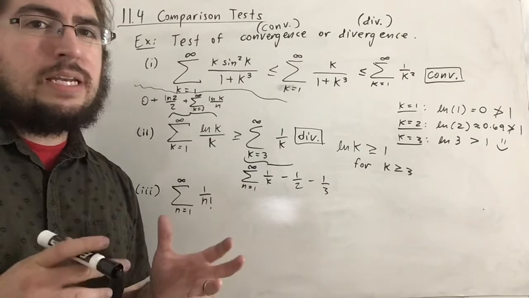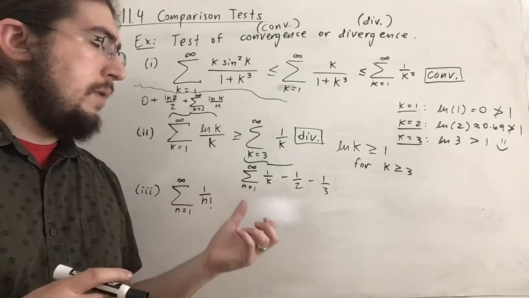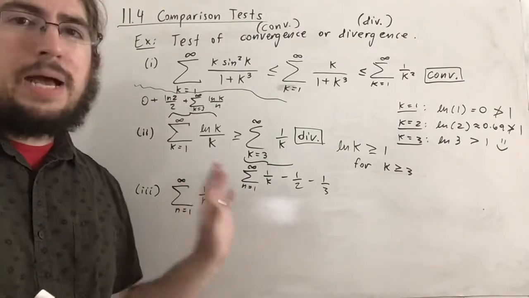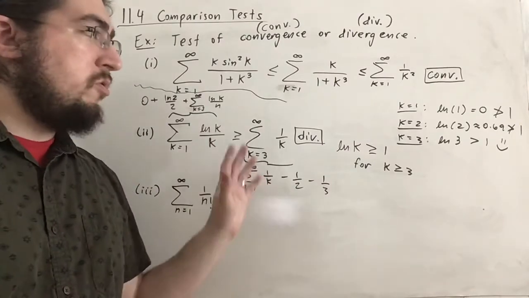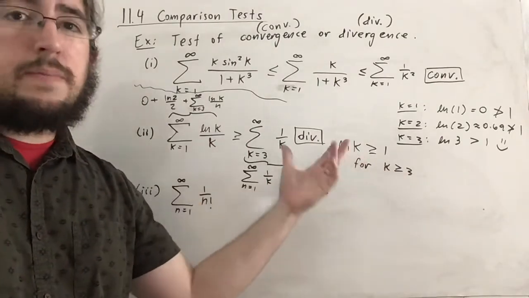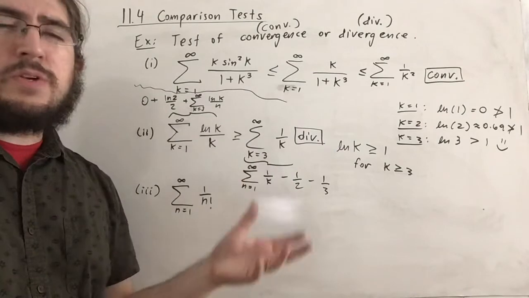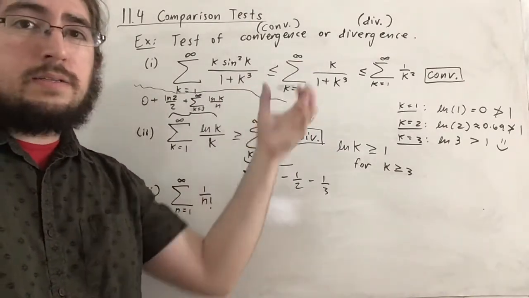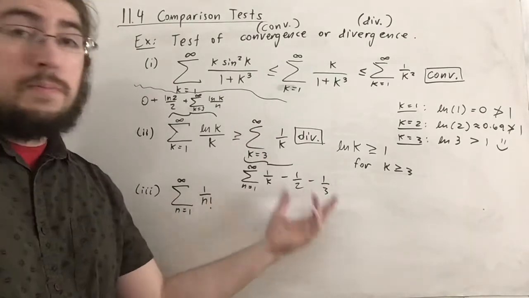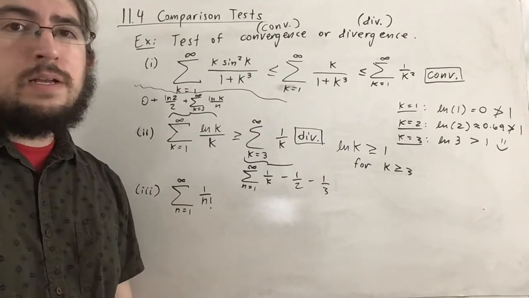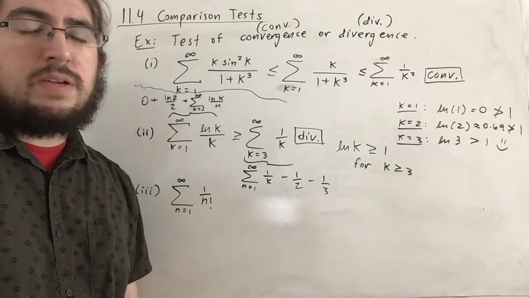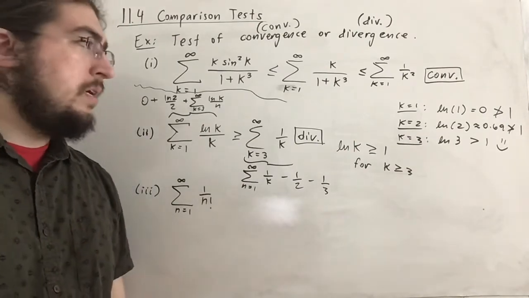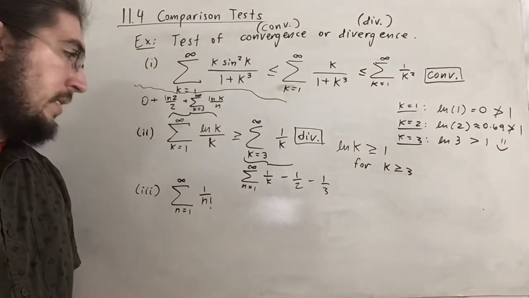It doesn't necessarily need to be for all positive integers, but just past a certain point, like in this case, for all k bigger than or equal to 3. Then we can pull off the trick because we'll just have either convergent plus a few finite terms or divergent minus or plus a few finite terms. It's still going to be convergent or divergent though, even if you add a few finite terms. So that's the key there basically.